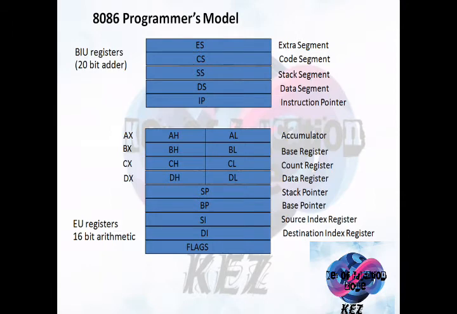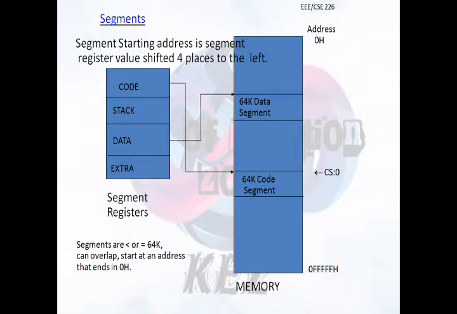Next comes the EU part. In the EU we have the accumulator, base register, count register and data register, that means A, B, C, D. Each has two divisions, H, the higher part, and L, the lower part. Now when I segment this, what does it become? The segment register value is shifted 4 bits to the left: code, stack, data, extra.